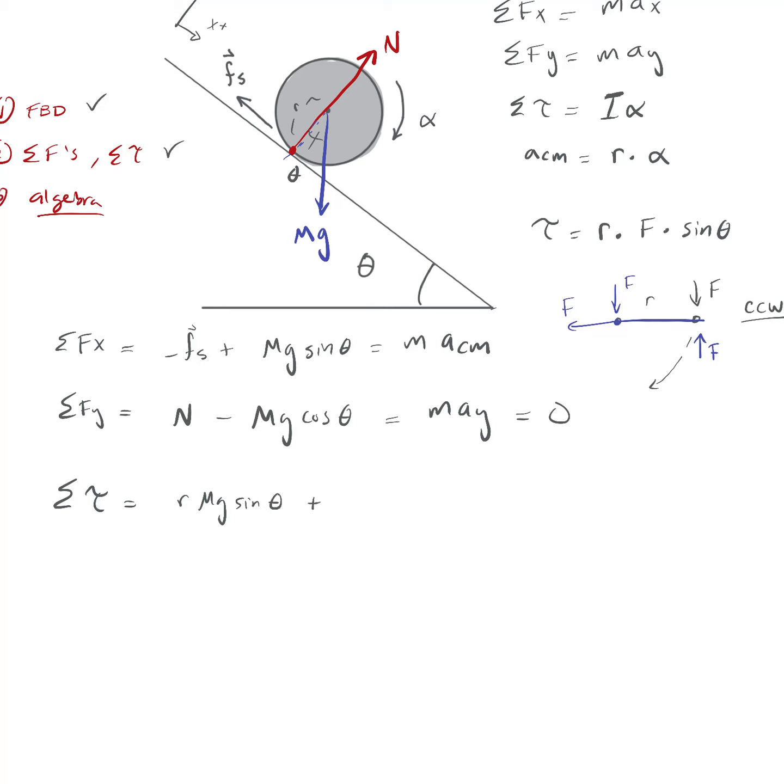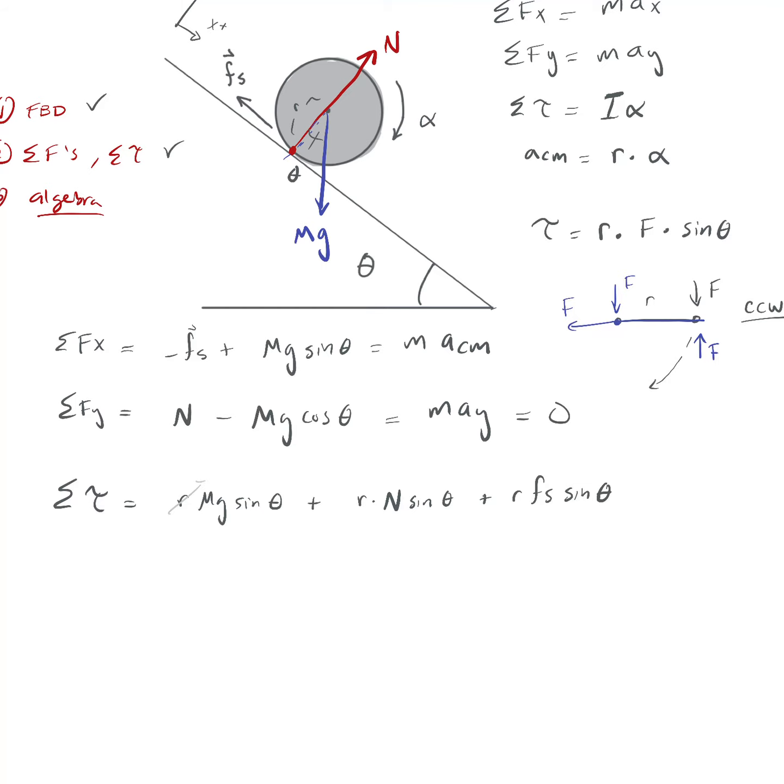So just be careful with your sign conventions. Then r times n sine of theta, right? And then we have one more force with a frictional force, r times fs sine of theta. Okay, so what's my radius away for the weight? Well, it's actually acting at the center of mass.